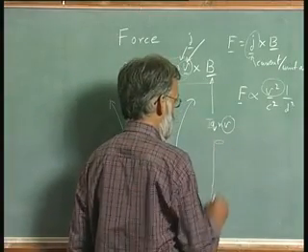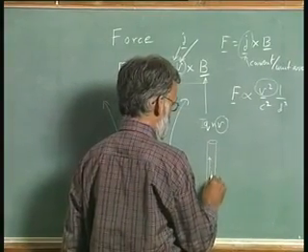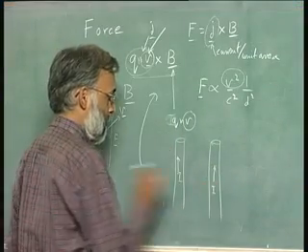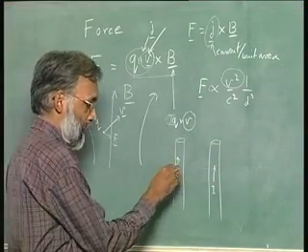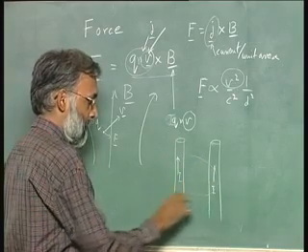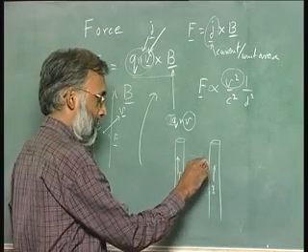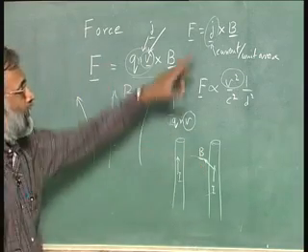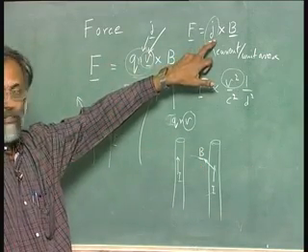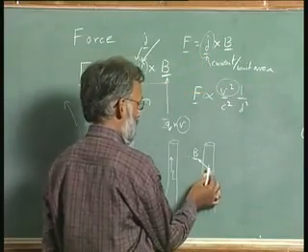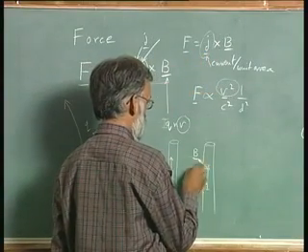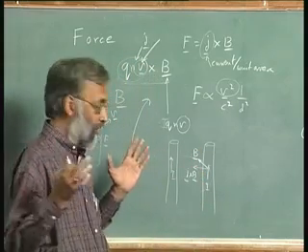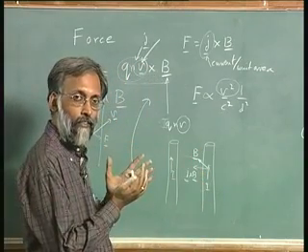Supposing you had two wires carrying current, this current would cause a magnetic field. Magnetic field would be in this direction B, and then you would have a second force, the J cross B force, and the force would cause these two wires to attract each other.